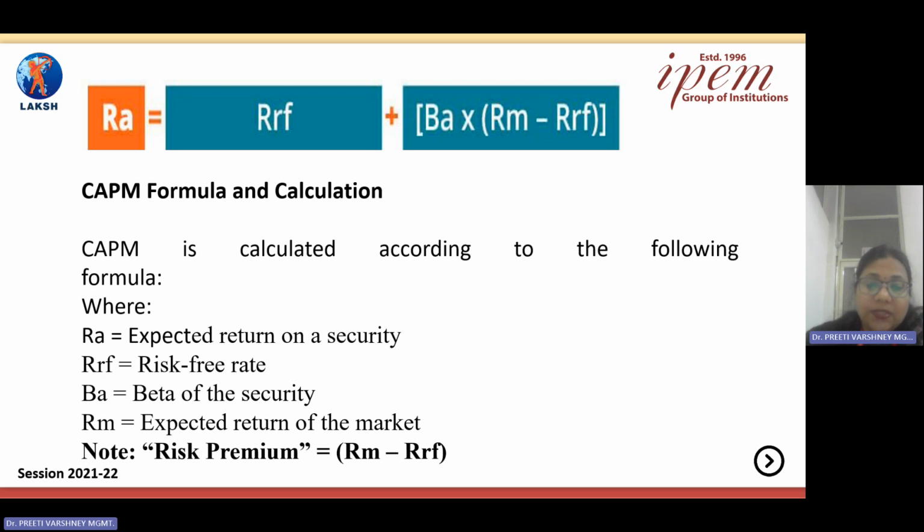A stock's beta is then multiplied by the market risk premium, which is the return expected from the market above the risk-free rate. The risk-free rate is then added to the product of the stock's beta and the market risk premium. The result should give an investor the required return or discount rate that they can use to find the value of an asset.